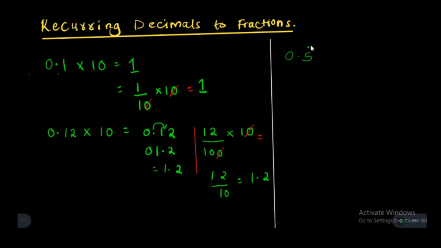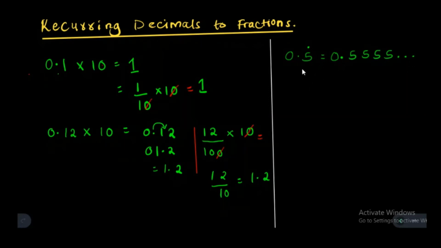For any recurring decimal, if there's only 1 dot above the number, it means we have only 1 digit that is recurring. So this is the same as 0.5555, and it continues on and on. Recurring means it's endless.